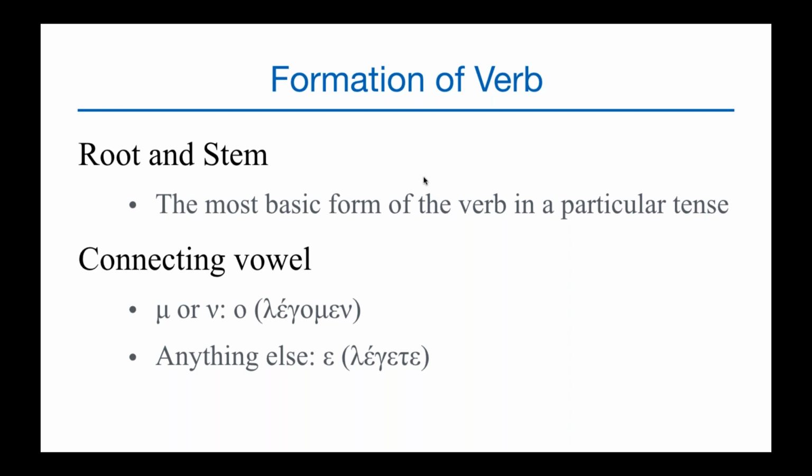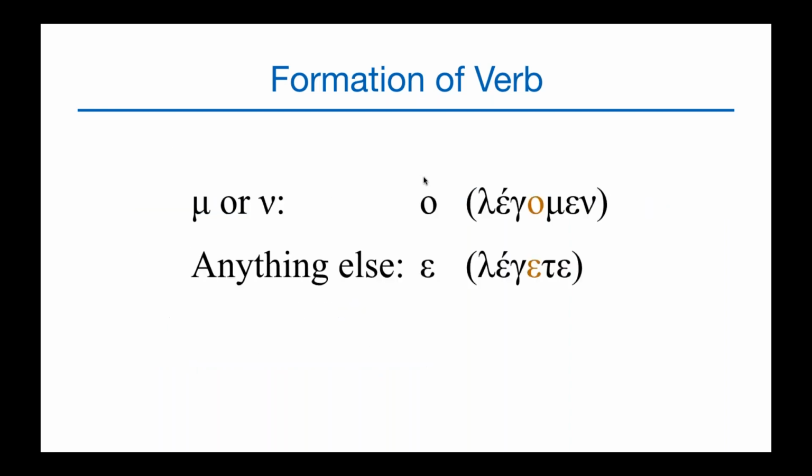And you notice there in the first person singular, we lengthen the omicron to an omega because lego would sound funny, or luo. Okay, and that just shows that again. So it's legomen, that's we say, and then legete is you all say.